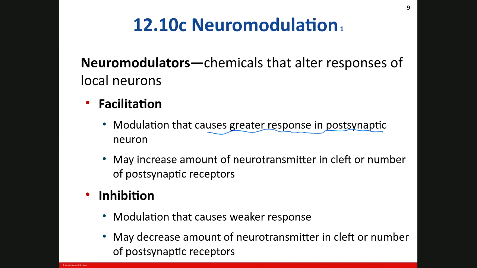They may increase the amount of neurotransmitter in the cleft or the number of postsynaptic receptors. And the neuromodulator which does inhibition can cause a weaker response. They may decrease the amount of neurotransmitter in the cleft or the number of postsynaptic receptors. So there are some chemicals which can change the response of our neurons locally.